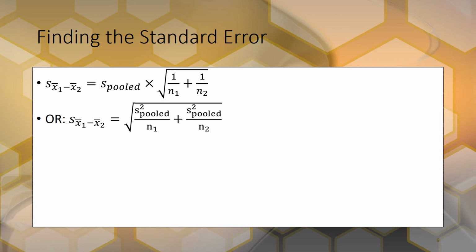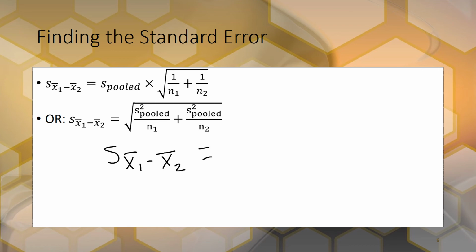Now here's the two formulas for the standard error for the independent t-test, and you can use either one. The first one uses the pooled standard deviation, and the second one uses the pooled variance. So you can use either one. I'm going to use the first one. So this is standard error for the difference between the two sample means. That's why we have the subscript here.